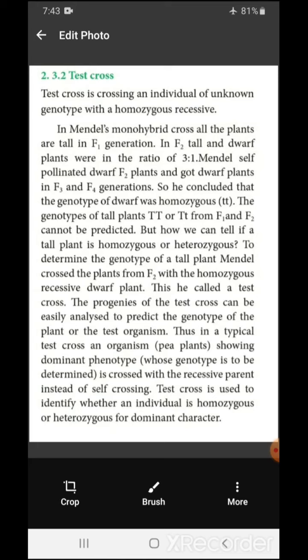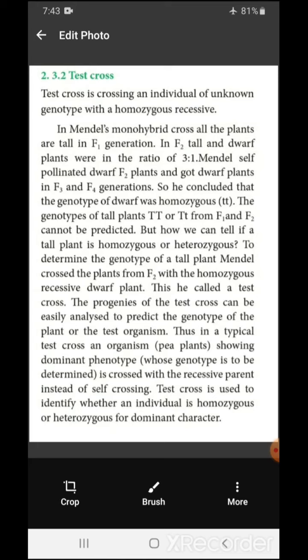The genotype of a tall plant, capital T capital T or capital T small t, from F1 and F2 cannot be predicted. But Mendel self-pollinated dwarf F2 plants and got dwarf plants in the F3 and F4 generations. So whenever we cross with the dwarf plant, we also get the dwarf plant itself.